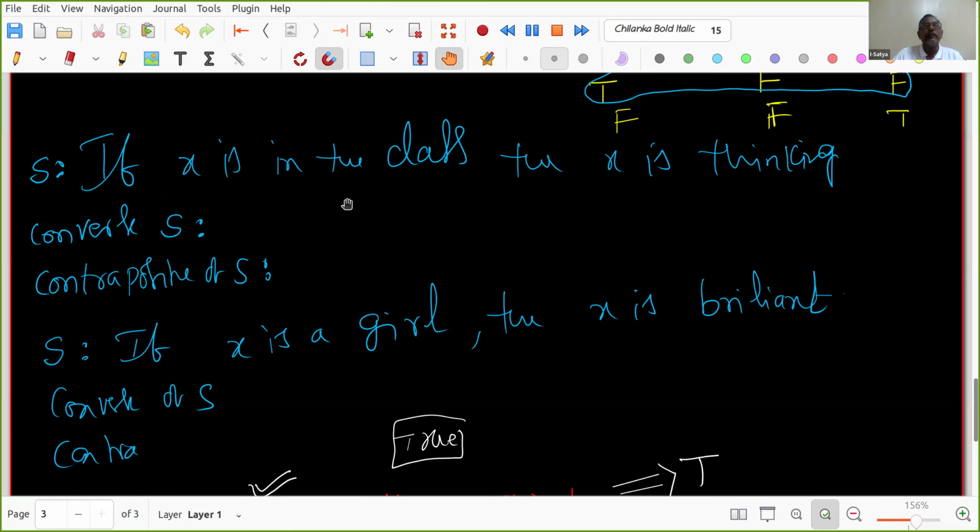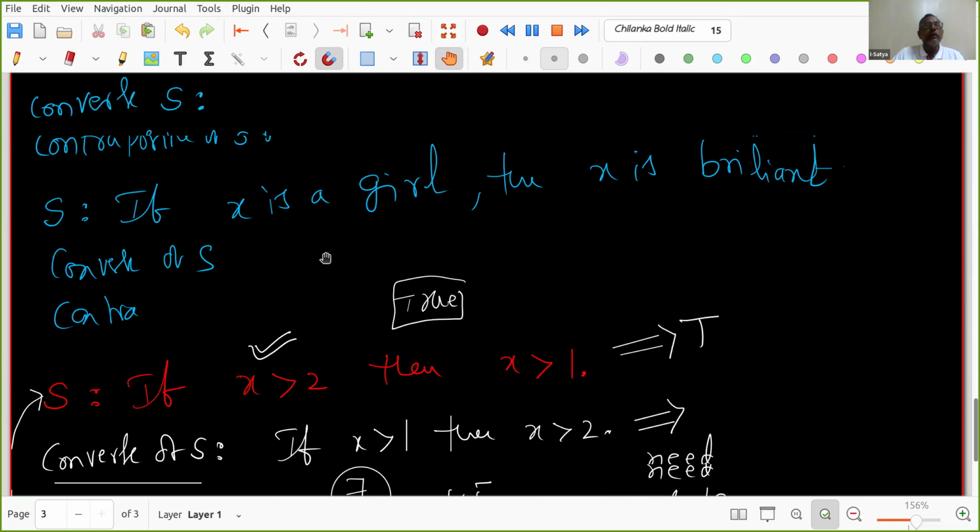X is not thinking means X is not in the class. Of course, in the general case, it is not so. That is what we are saying. That's why I gave these examples; sometimes some confusion may be there for you. So let us see one more.